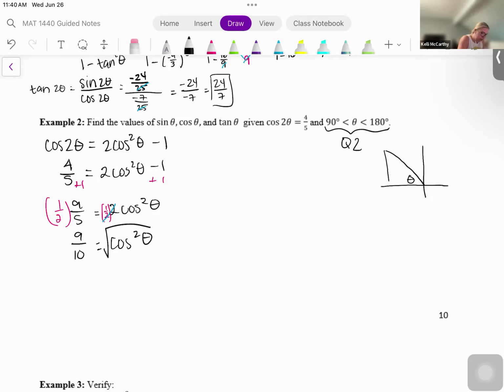And then we're going to take the square root of both sides. Cosine theta is equal to, and when we draw that plus or minus square root, we want to think about whether it's going to be positive or negative. This is going to be 3 over the square root of 10. And when we think about the sign, because we know theta is in quadrant 2, cosine is going to be negative.